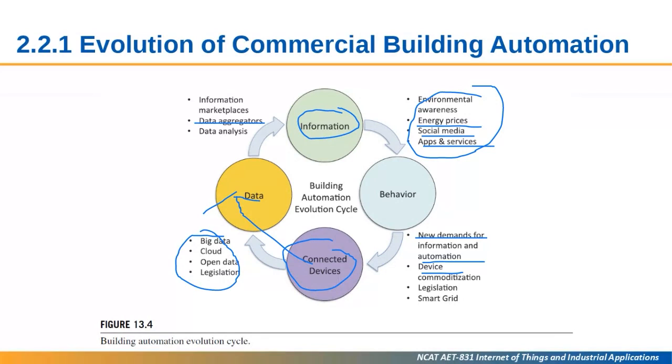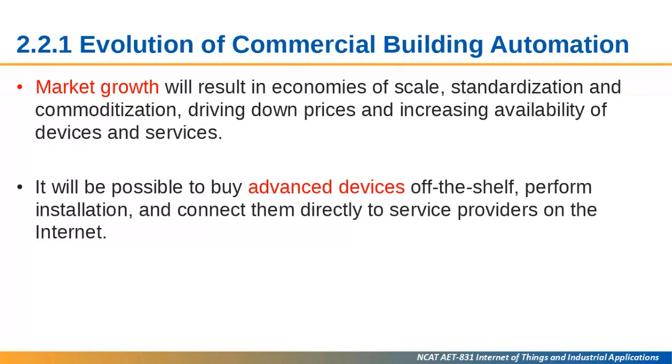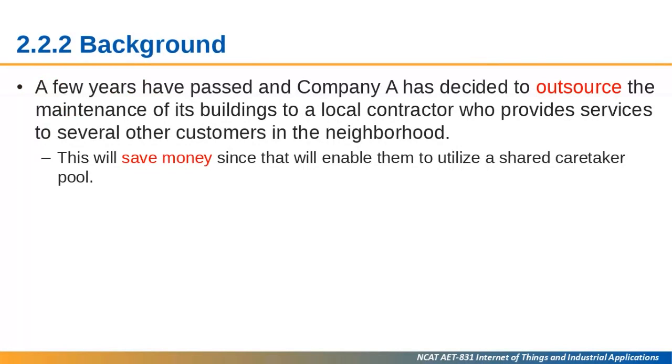The devices will be commercialized and something like that. So this will repeat again and again. Promise of scale, and it will be possible to buy advanced devices off the shelf, perform installation, and connect them directly in the future. So let's come back to the example of company A and company B.